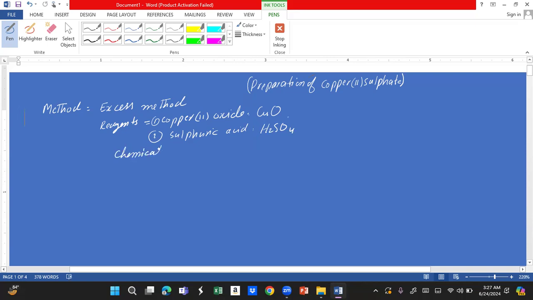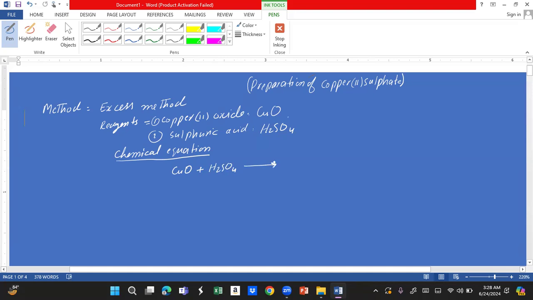Then we will write steps to prepare copper sulfate. First, the chemical equation. In the chemical equation, we will write copper(II) oxide and sulfuric acid, H2SO4.